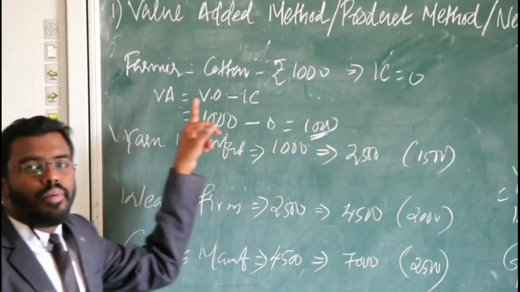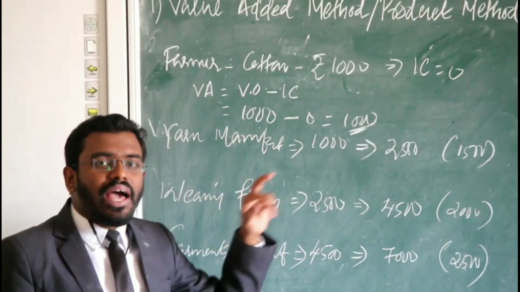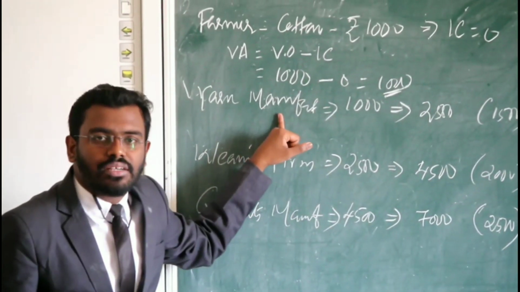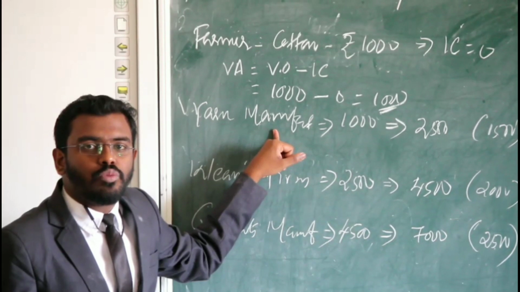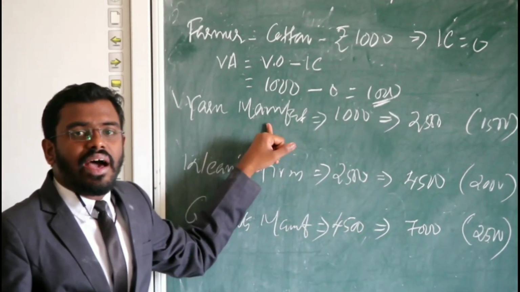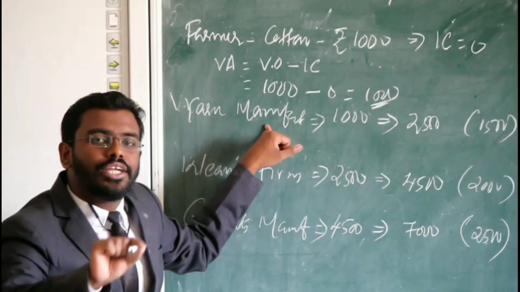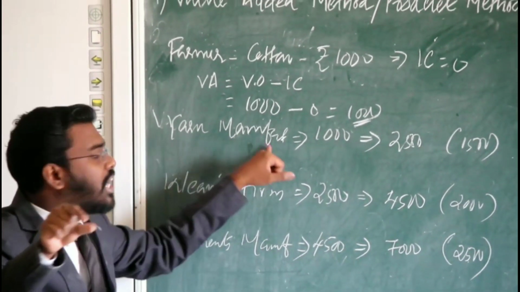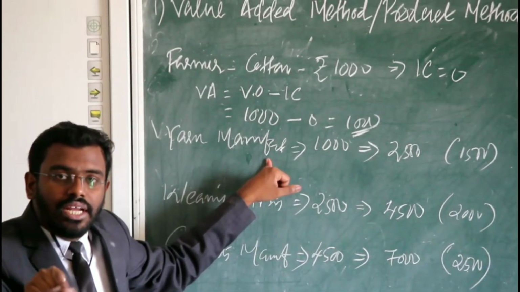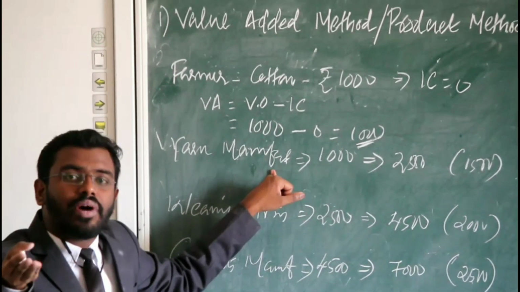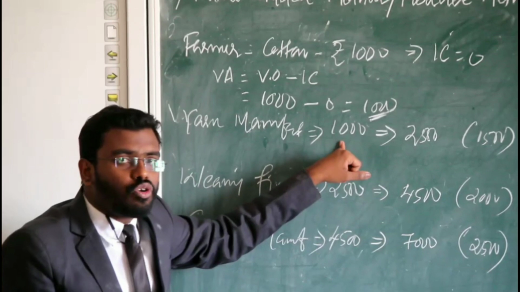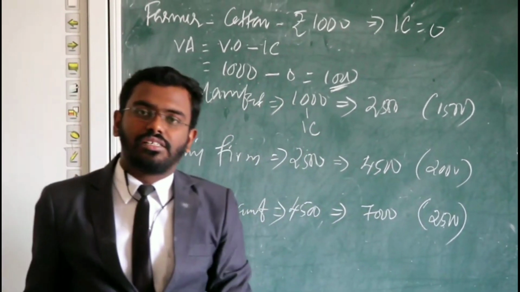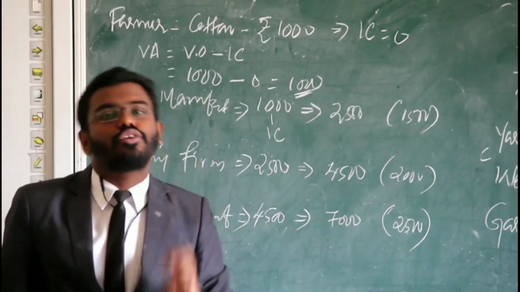So value added by farmer is 1,000, and this raw cotton is purchased by the yarn manufacturer, and he converted this raw cotton into cotton yarn. So what is the raw material of this yarn manufacturer? It is raw cotton. How much money did he spend for purchasing this raw cotton? 1,000 rupees. So this 1,000 is known as intermediary consumption or intermediate cost.